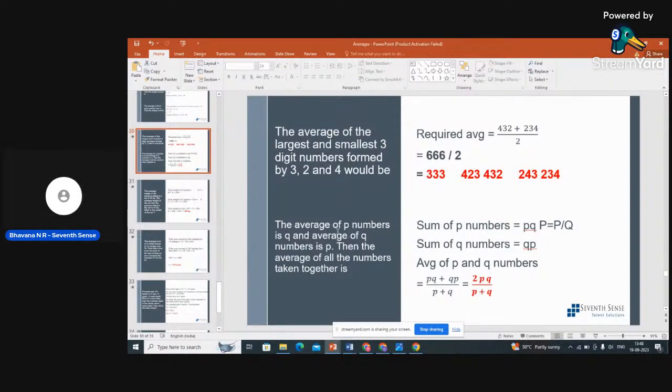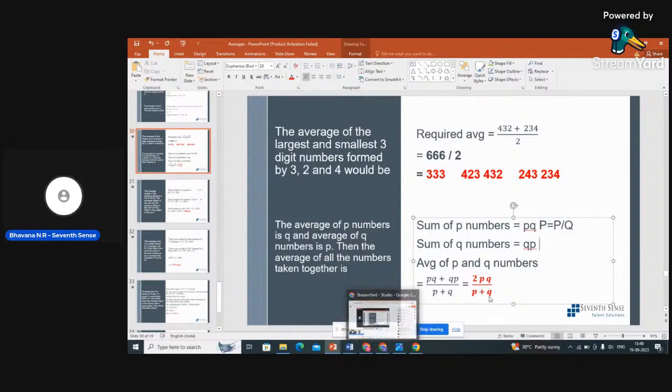So the sum of P numbers with average Q is P into Q, and the sum of Q numbers with average P is Q into P. So the average of P and Q numbers together is 2PQ divided by P plus Q. Here we are adding both sums, so we get 2PQ, then the whole divided by P plus Q. That's it.